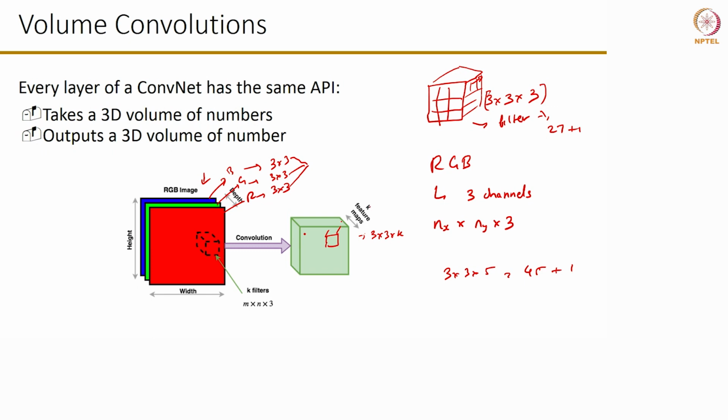Do not think that if you define a 3 by 3 kernel, or in this case for simplicity a 2 by 2 kernel, something of that sort, it is duplicated across the channels.